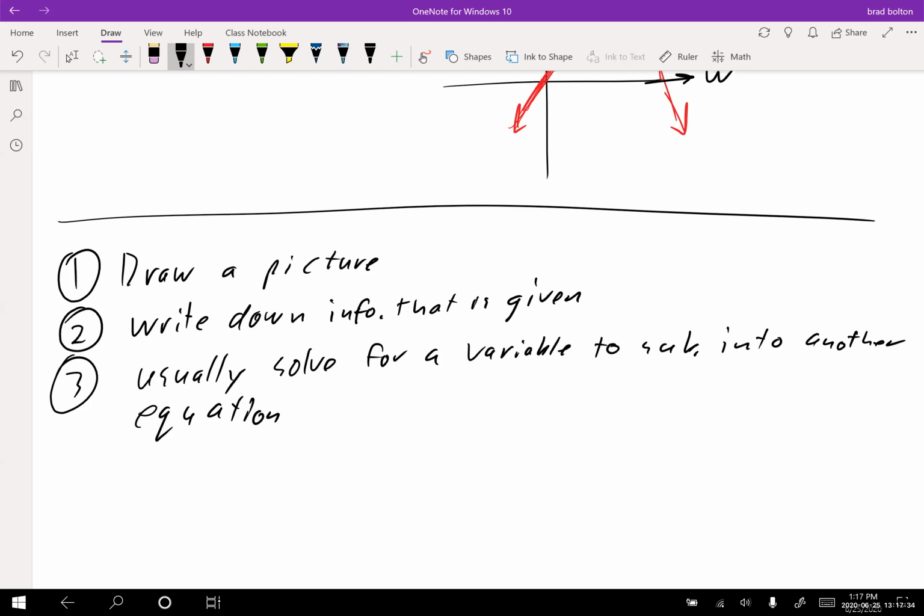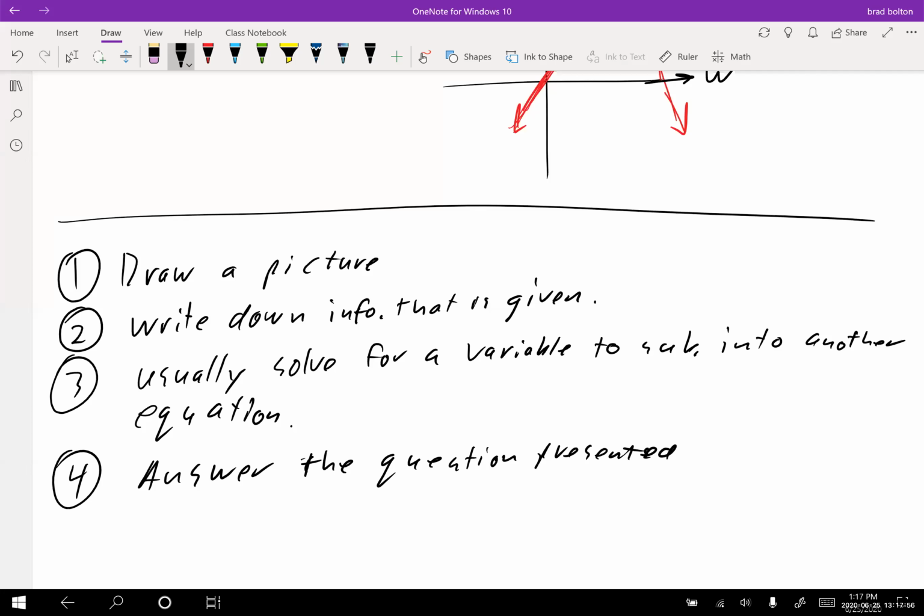So from the info that you were given, you normally will have some information that will allow you to substitute into another equation and then answer the question. So if they're talking about max and min, when they mean answer the question, that means you need to find the vertex so you can find the max and the min, or the min value, okay?